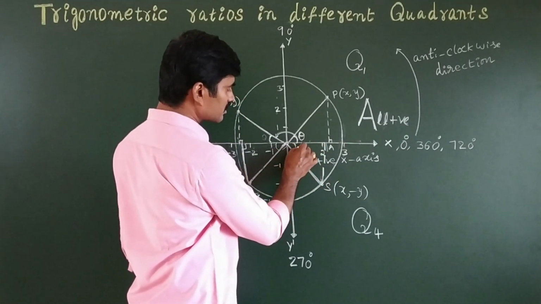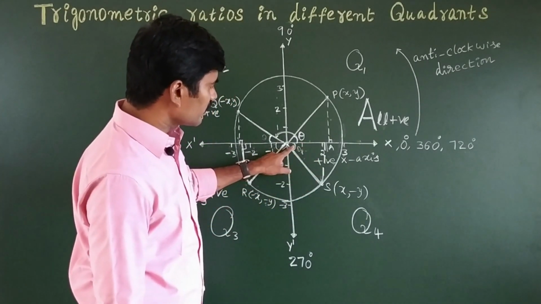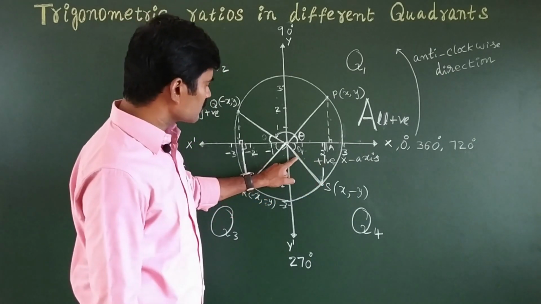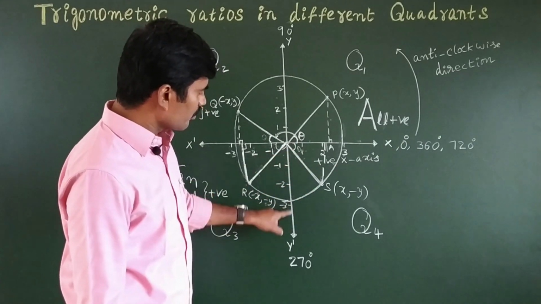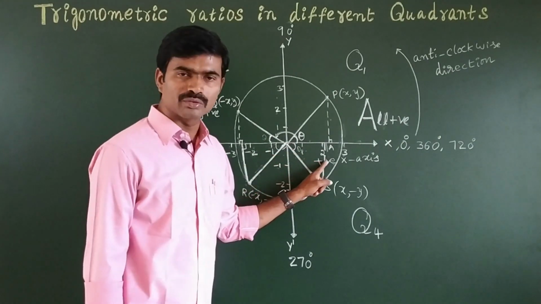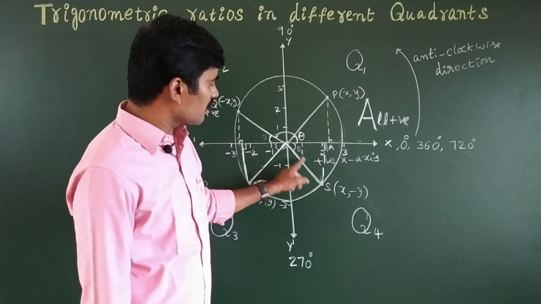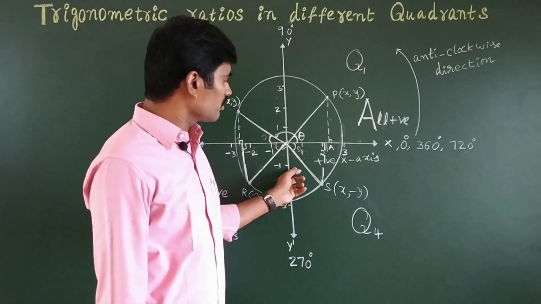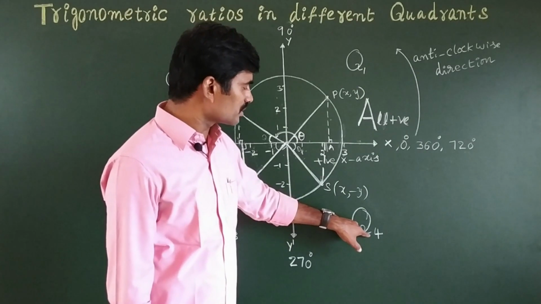Then sin theta means opposite side by hypotenuse, and the opposite side is parallel to the negative y-axis, so take it as negative. The hypotenuse is always positive, so minus by plus gives minus. So sin theta is negative in quadrant 4.